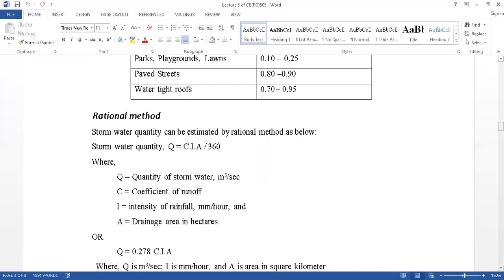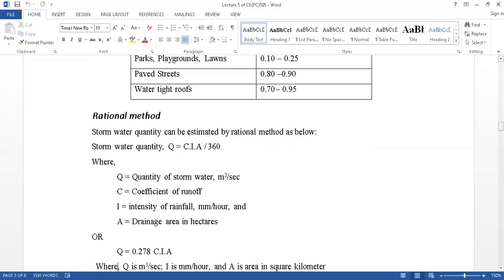When multiplied by area, that is a square, ultimately it gives a cubic value, the quantity of storm in cubic meters, divided by the time duration, so ultimately we get the discharge.